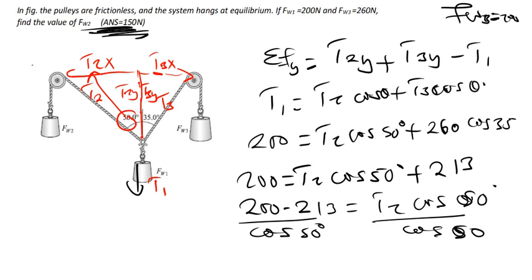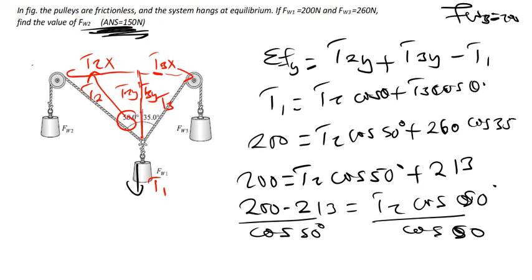I'm getting negative 3, divided by cos 50. Anyway, I feel like we have made a mistake somewhere, because the answer is supposed to give us the same even if we are using the y-axis.